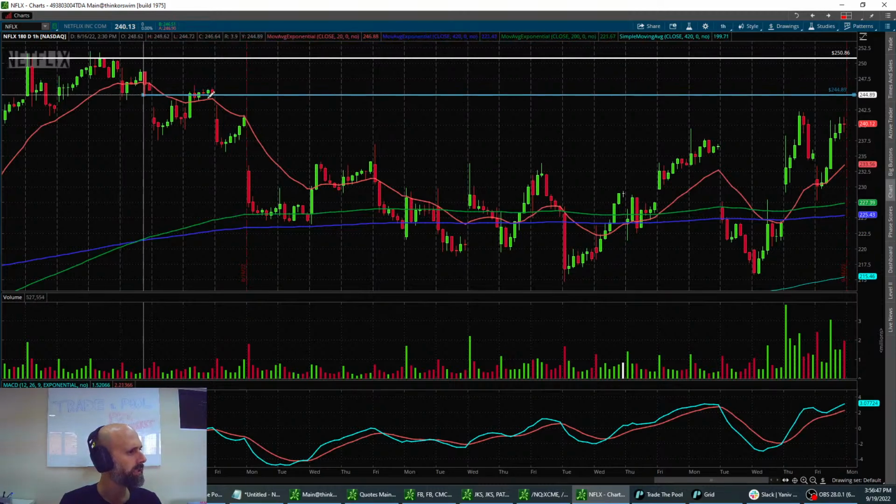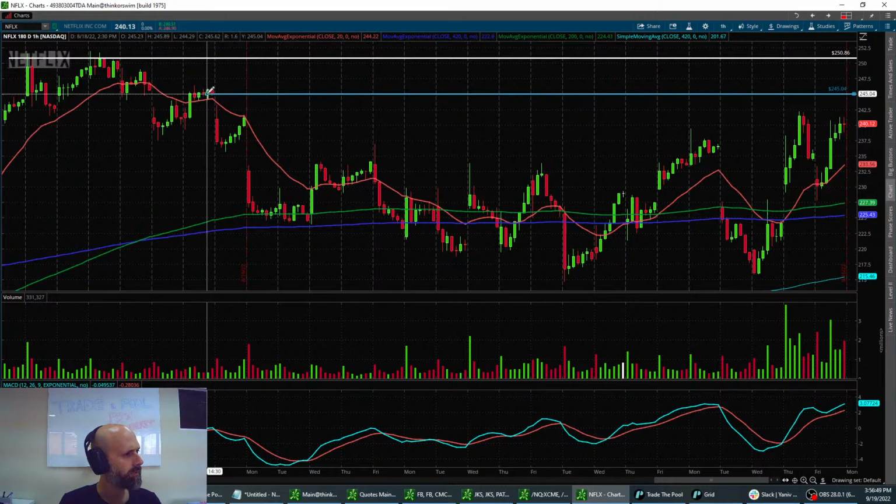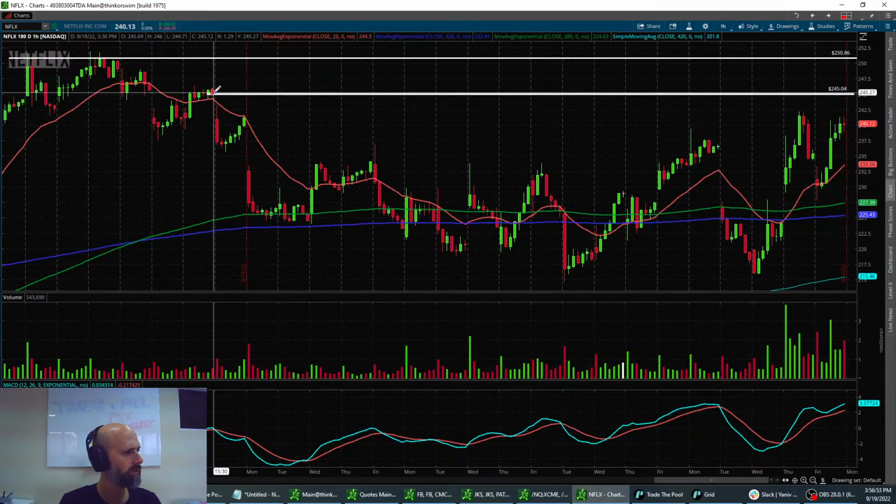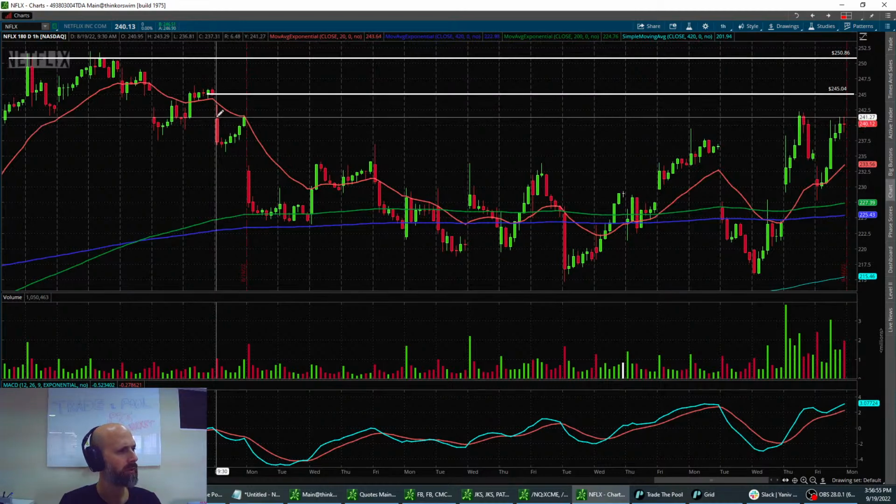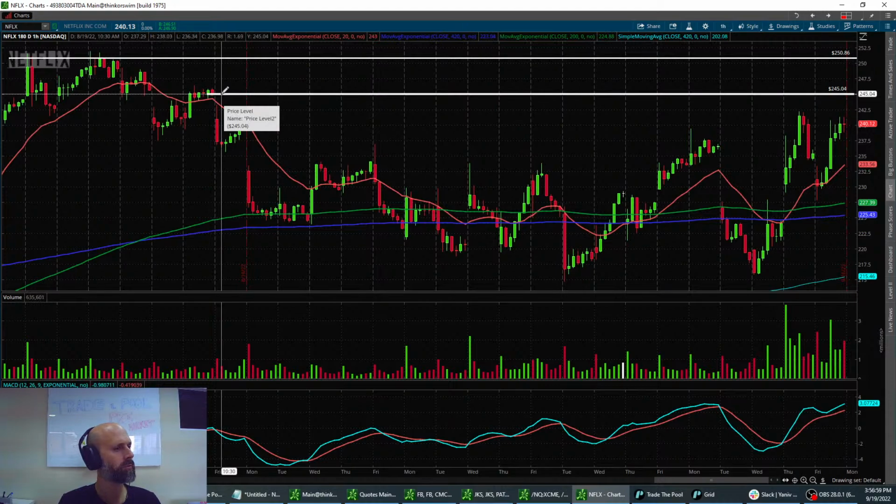We could use that level at the close of the gap. There's a gap opened right here between the close of the previous day and the open of the next day. So right at the 245, there's an open gap we can use as a support level.